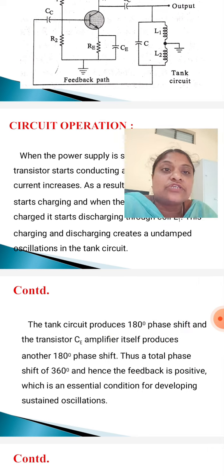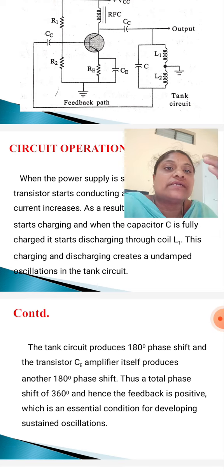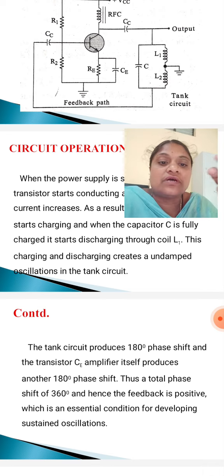So this tank circuit produces 180 degrees phase shift, and the transistor CE amplifier itself also produces another 180 degrees phase shift. The tank circuit's 180 degrees phase shift goes to output, and the transistor CE amplifier's 180 degrees phase shift also goes to output.